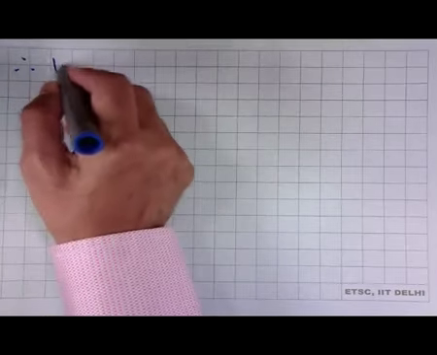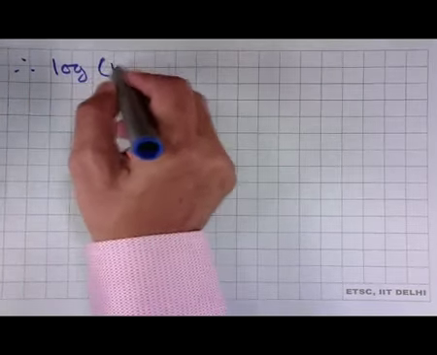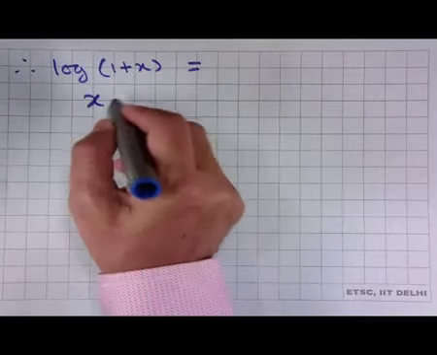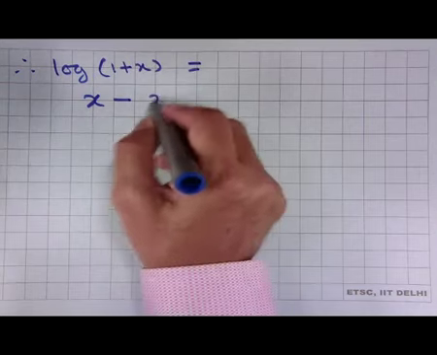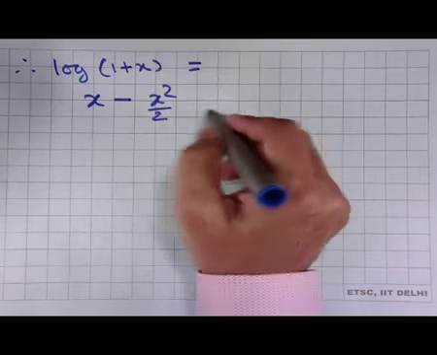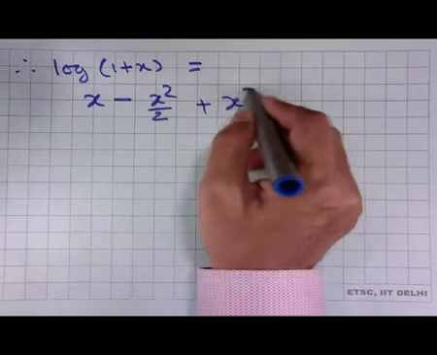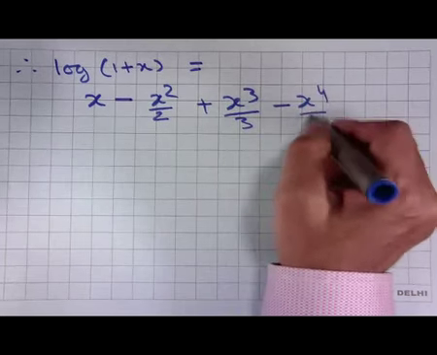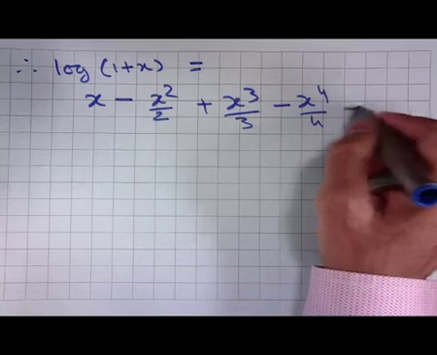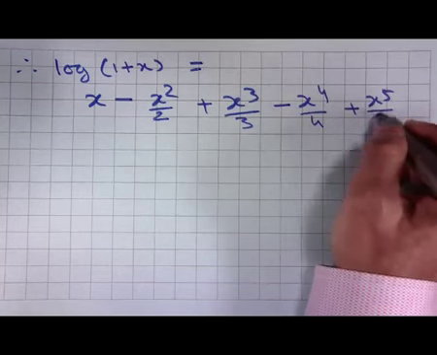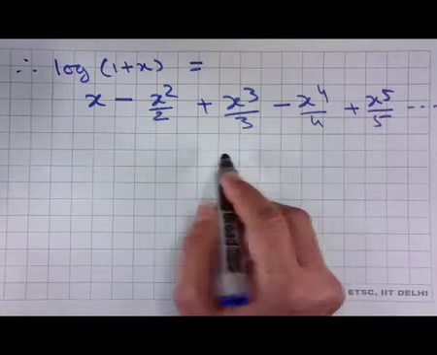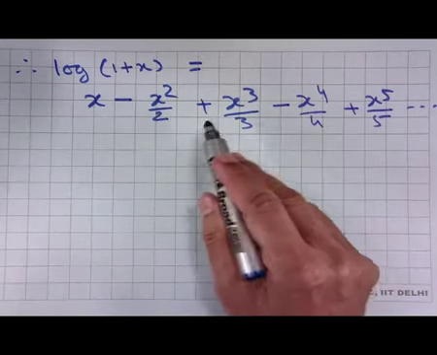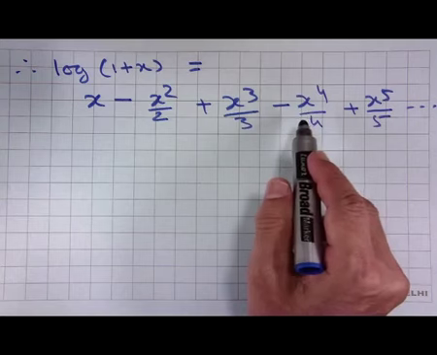Therefore, log of 1 plus x is equal to x minus x square by 2 plus x cube by 3 minus x to the power 4 by 4 plus x to the power 5 by 5, etc. So, we can see that we can get the same answer even in this way also.